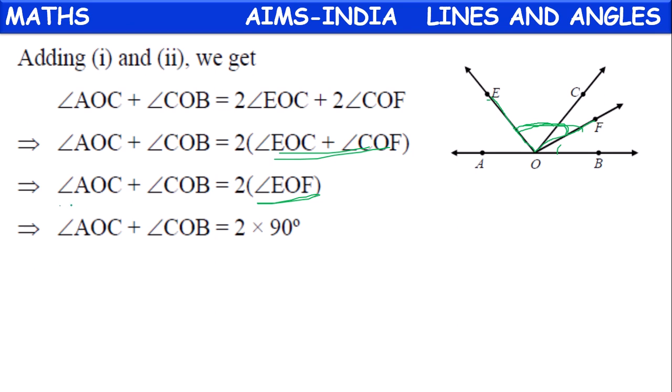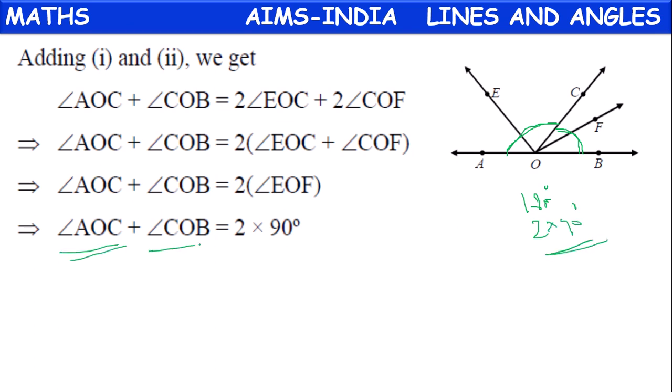So AOC plus COB, they are lying on a straight line. Their sum equals 180 degrees, which can be written as 2 into 90 degrees.